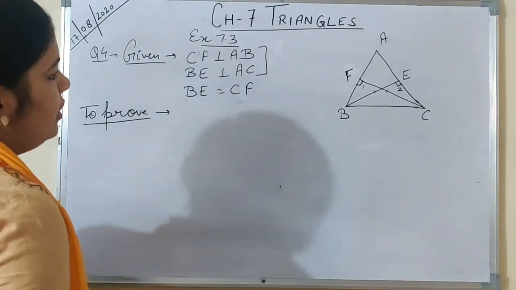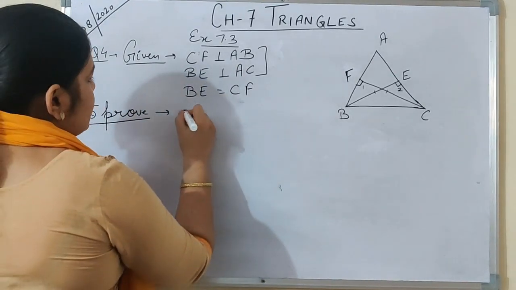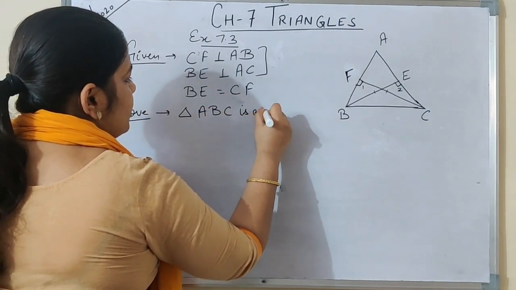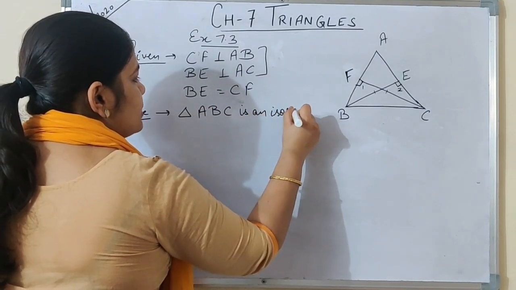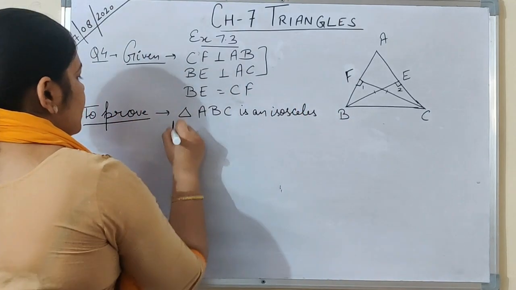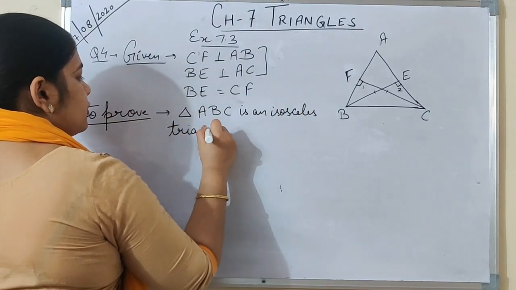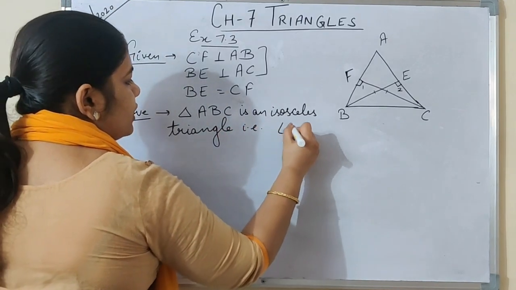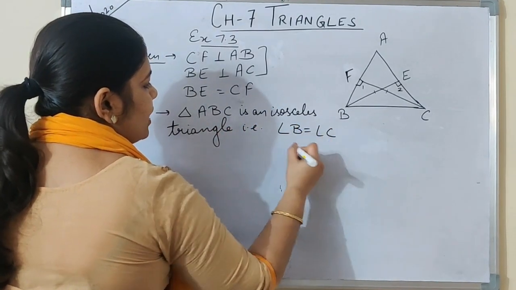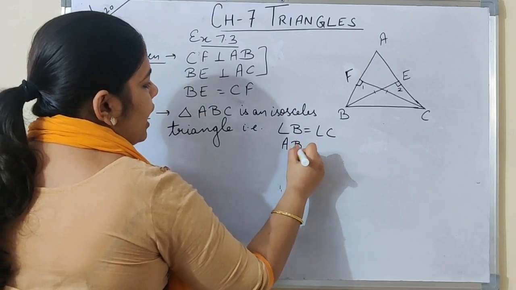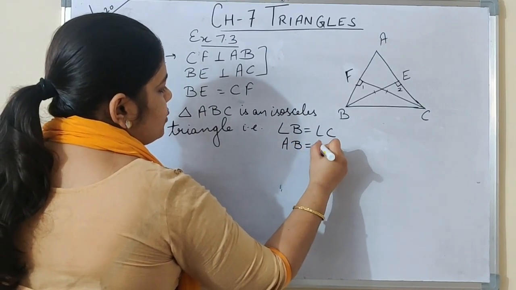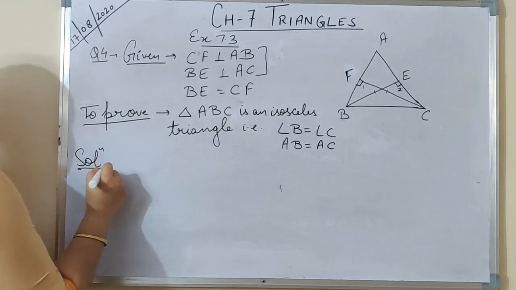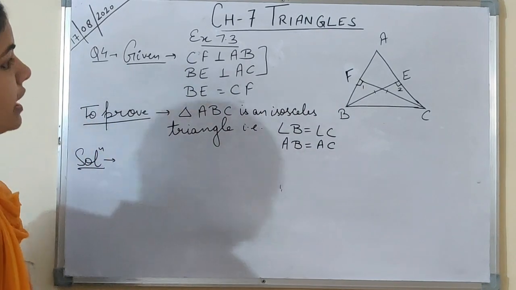You can see here we have to prove triangle ABC is an isosceles triangle. That is, we will prove that angle B is equals to angle C and AB is equals to AC. Then we are starting our solution.